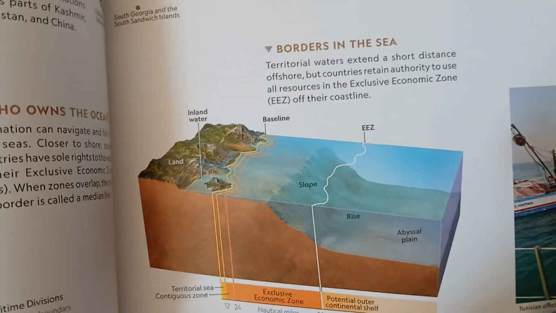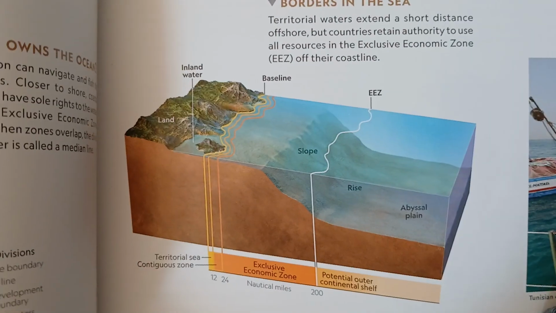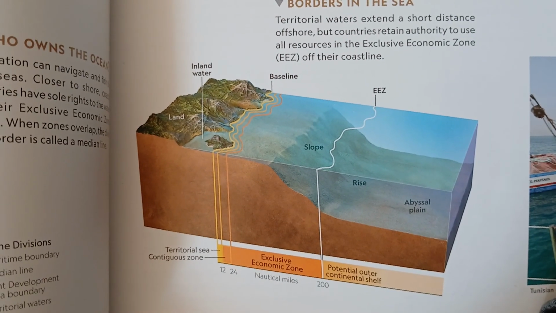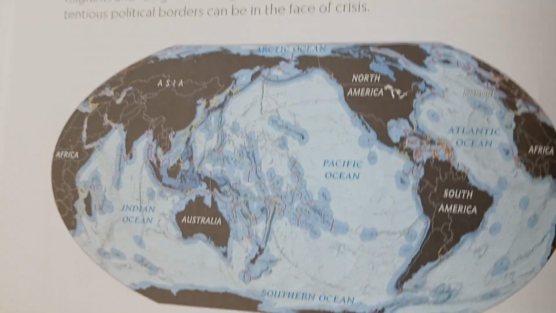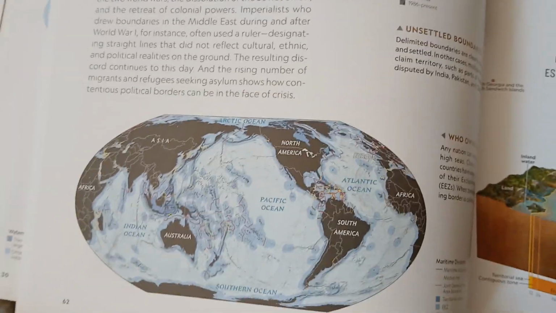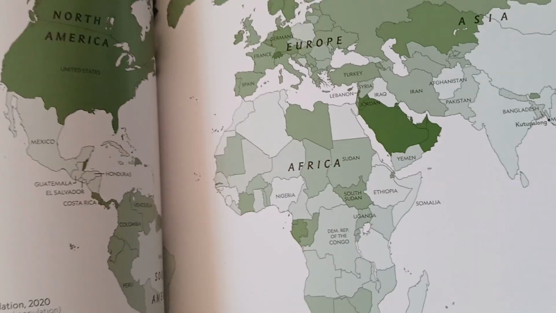This is showing a map of exclusive economic zone. People on the move. So this is migrant population.